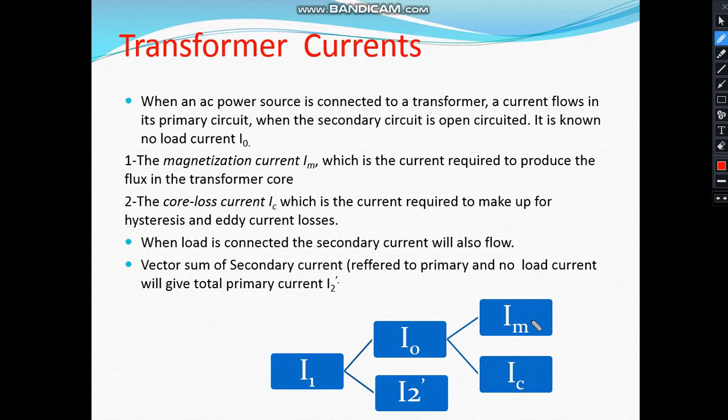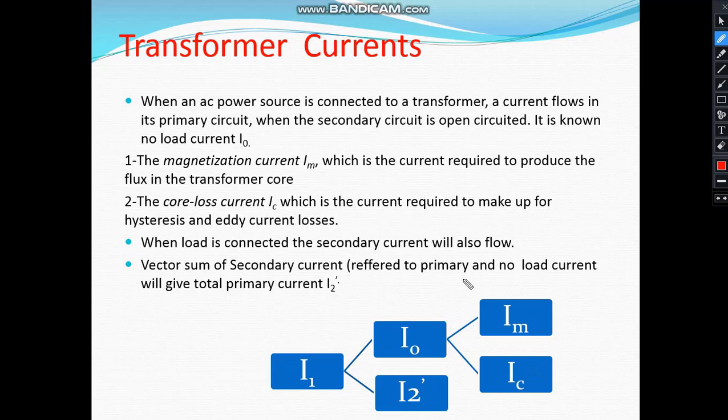The magnetizing component is known as the magnetizing current, to magnetize the transformer core, whereas IC is the core loss component of current, meant for the core loss.